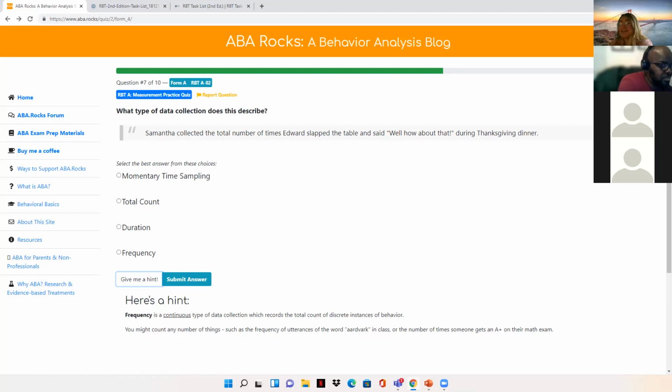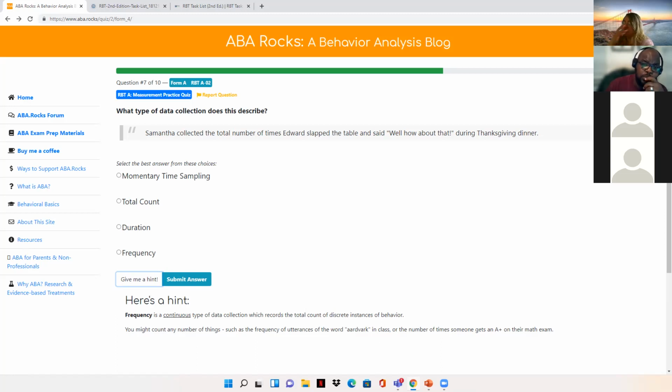Total count is IOA. That's the total number of things taken. Total count is talking about IOA, where you count the whole up, the whole bottom, then you divide the small one by the big one. So that's different.